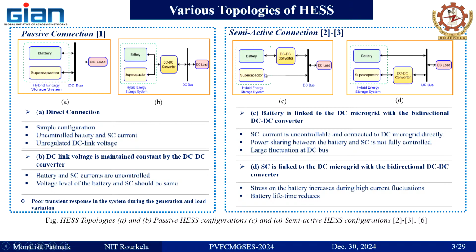It is a little more complex and a little more costly, but the problem is that the one which is connected directly is not regulated. We are regulating the DC bus voltage and the current of the unit connected through the converter, and it is the other way around in the reverse case. If the battery is connected directly, battery charge-discharge control cannot be regulated. So, these are the problems with the passive and semi-active topologies.